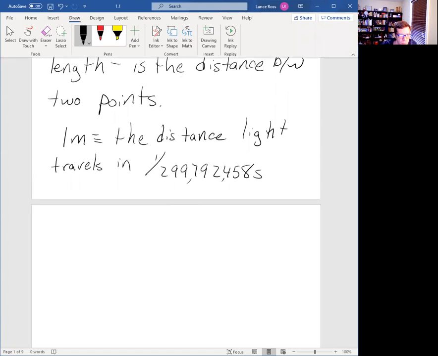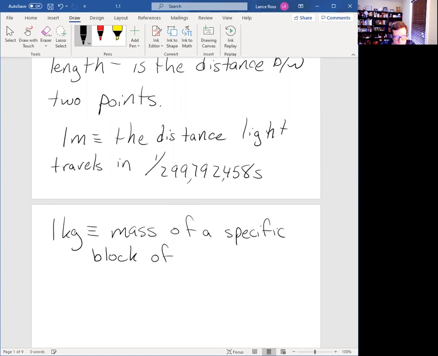A kilogram is still just arbitrary. There is a block of a specific alloy, to resist corrosion changing the mass of it, that's on hand and is used as the standard for what 1 kilogram is.